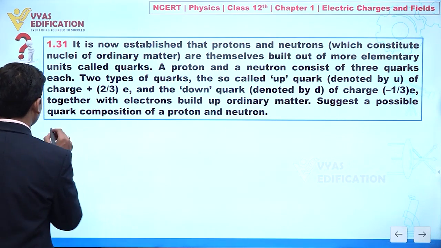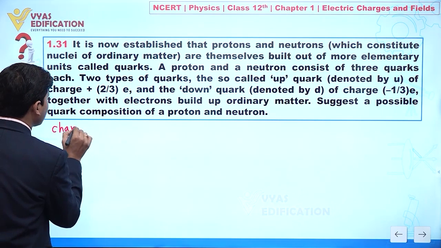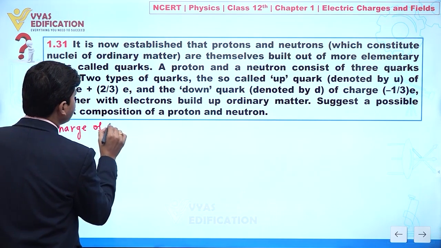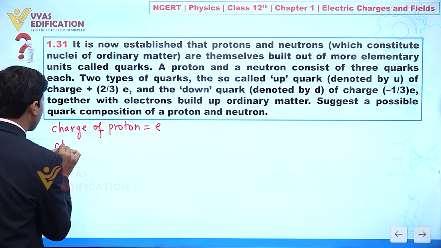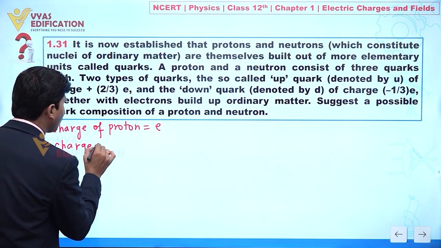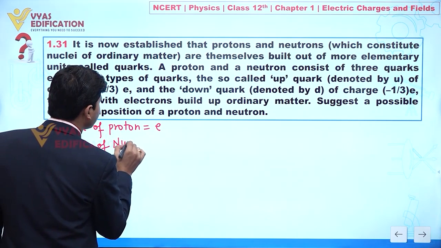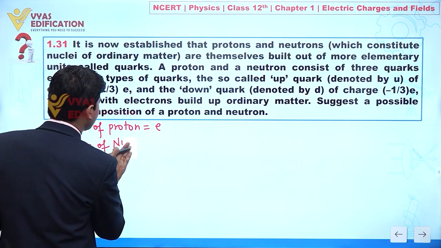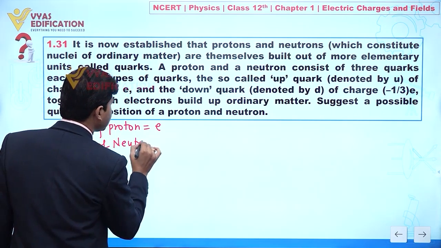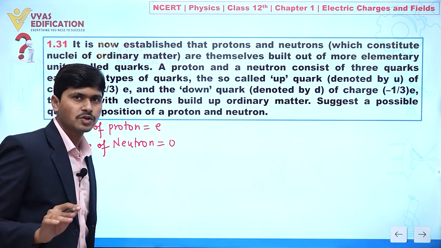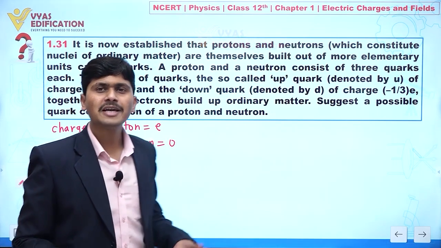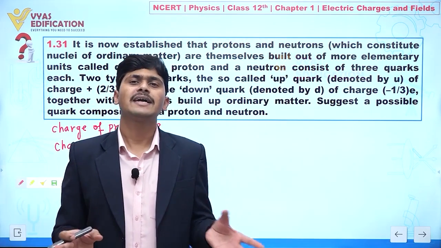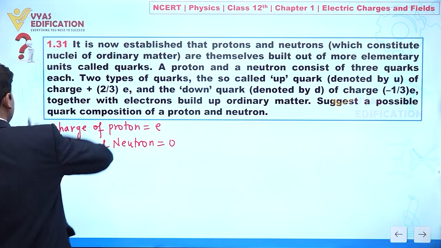We know the charge of a proton is equal to e, and the charge of a neutron is 0. Now it is given that the proton and neutron are made up of up quarks and down quarks.